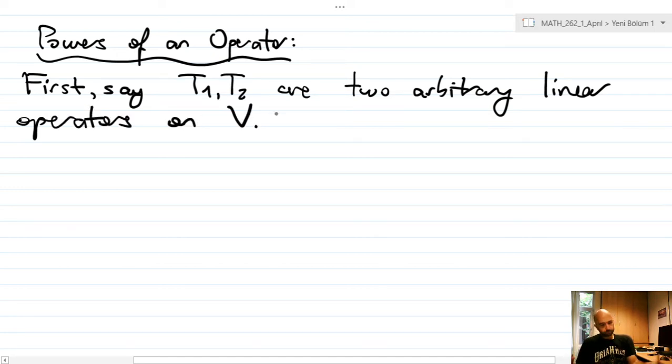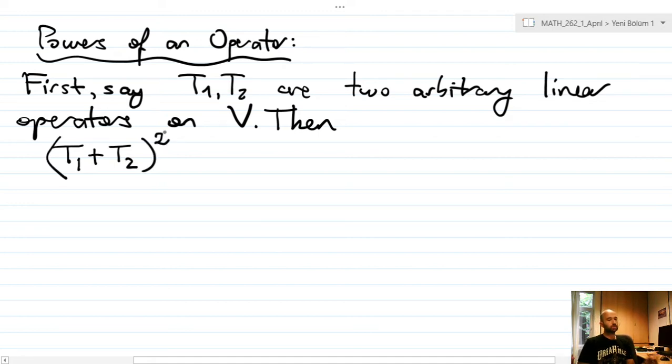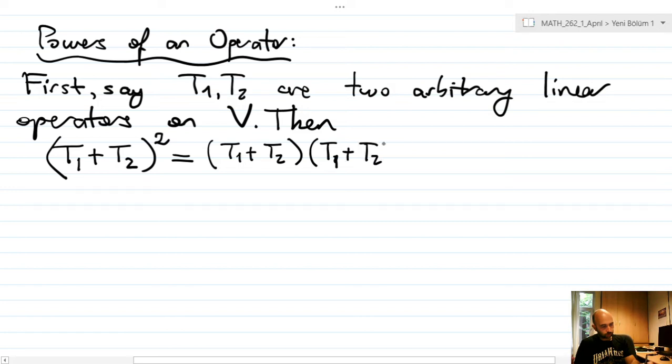Then you might want to look at, just for example, powers of T1 plus T2. Let's compute the easiest one, except the first power. This would be simply (T1 + T2) times (T1 + T2). So what you should do is, of course, expand this parenthesis by using the distributive law.